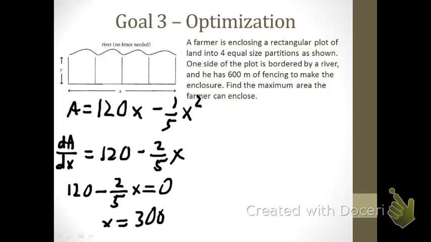Now the next thing I want to discuss with you really quickly is this. What is the domain for that area function? What are the possible values of x? Well, pretend for a second with me that we're trying to find the smallest possible value that x could be. Well, x is the length of that rectangle. What if the farmer didn't use any length?